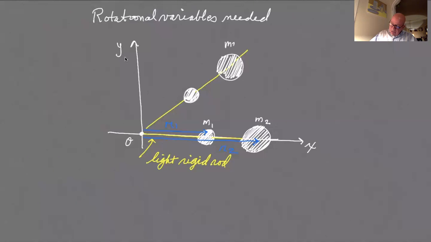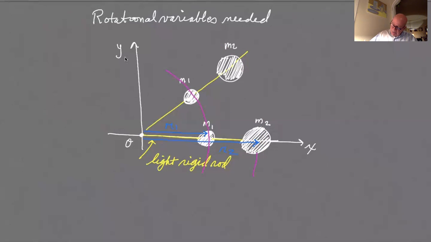So here's mass 2, here's mass 1. And they're rotating about the center of mass. So they're sweeping out parts of a circle, okay?